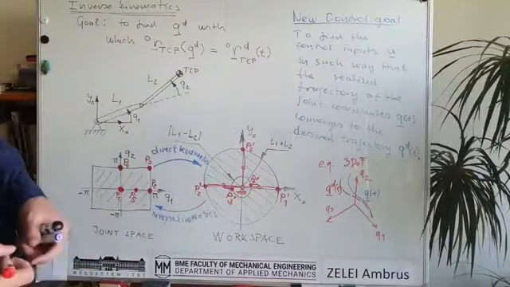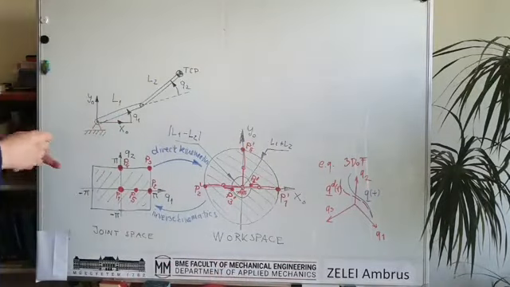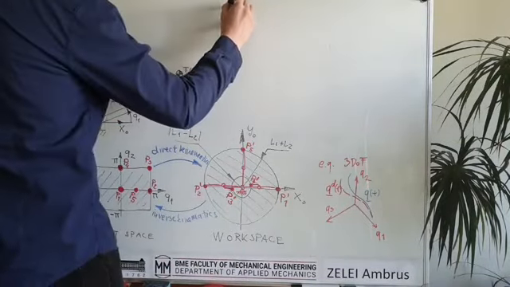And let's draw another example. So we will take this robot again. I will just clean it up here. And we will have this example of this 2 degree of freedom robot. So another example.